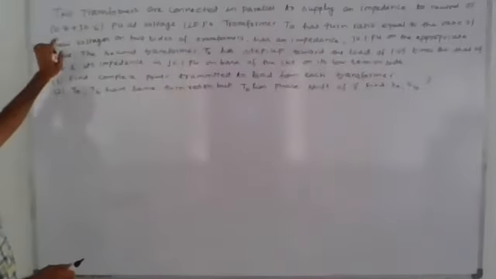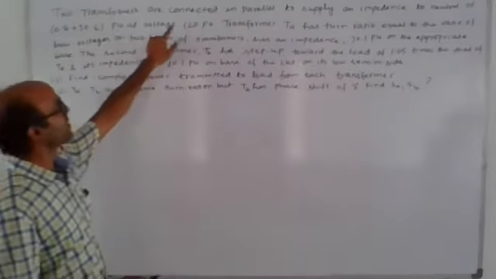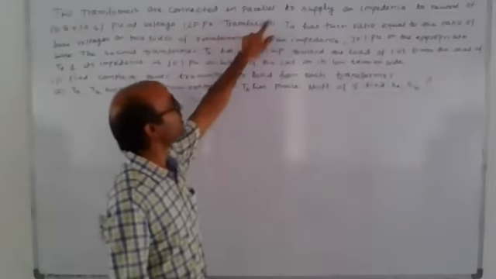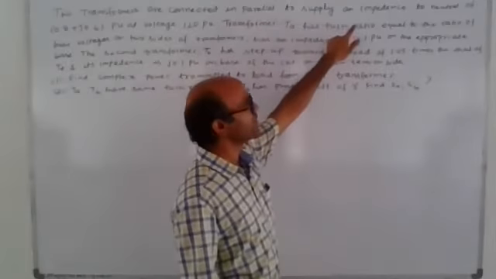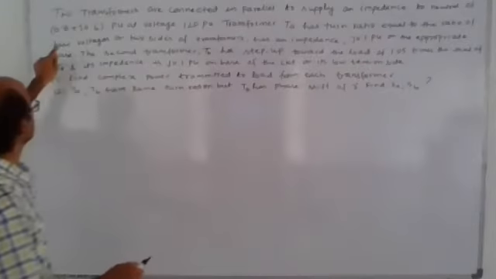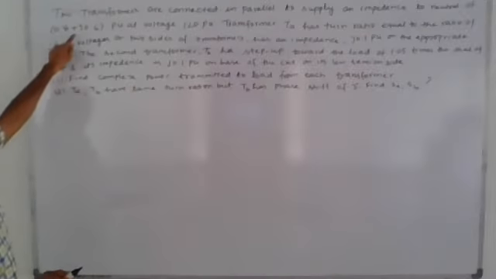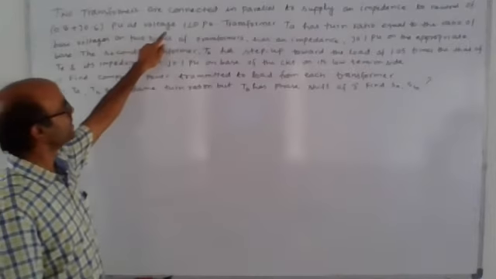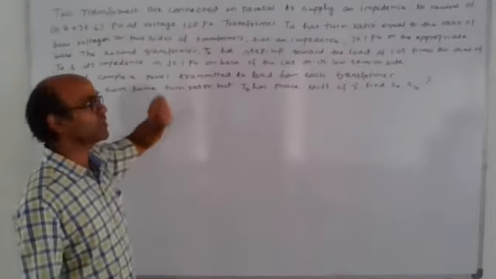It says that two transformers are connected in parallel to supply an impedance to neutral of 0.8 plus j 0.6 per unit at voltage 1 angle 0 per unit.